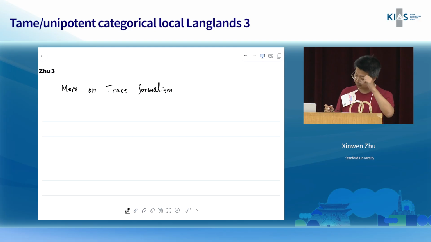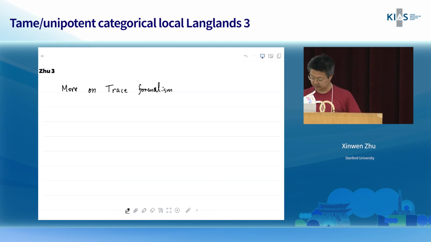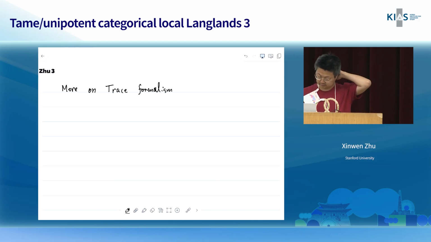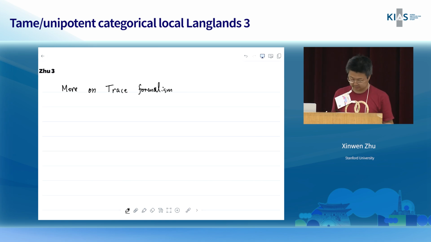I'm trying to give you an abstract way to compute the trace of certain monoidal categories. I think the best way to do it is to start from some abstract sheaf theory, or three-functor formalism.